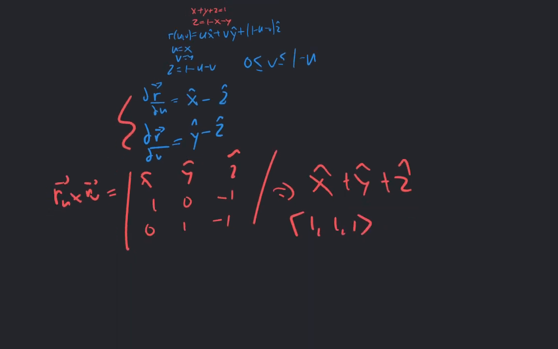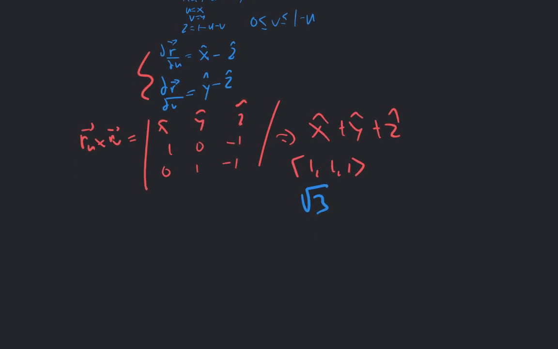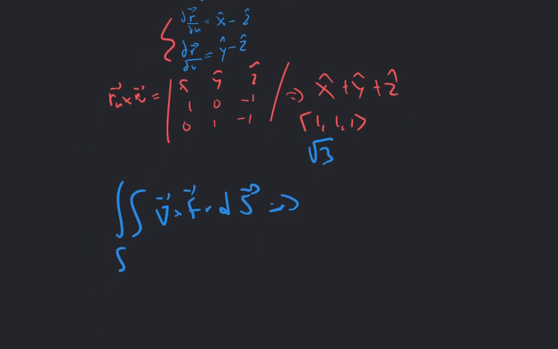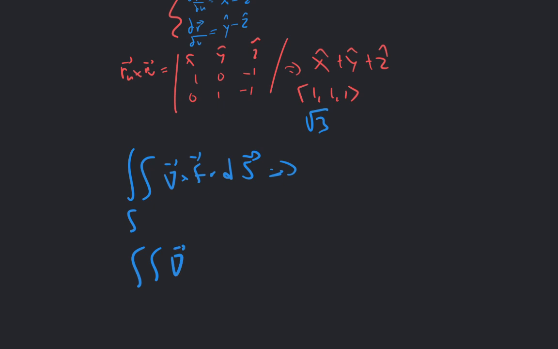And we could take the magnitude of this, which will be square root of 3, very simply. And then we integrate over the surface the curl of f dot ds. So we compute it, it's still the curl dotted with ru cross rv du dv.